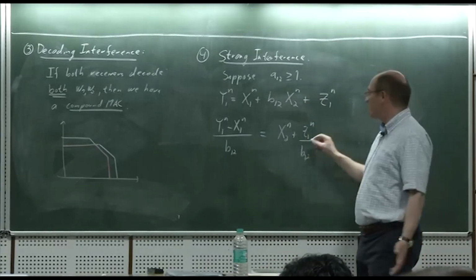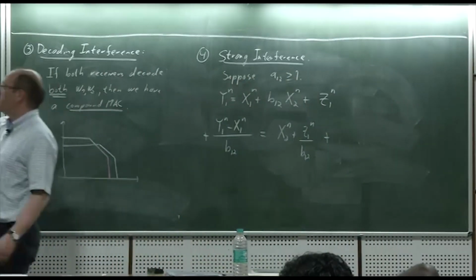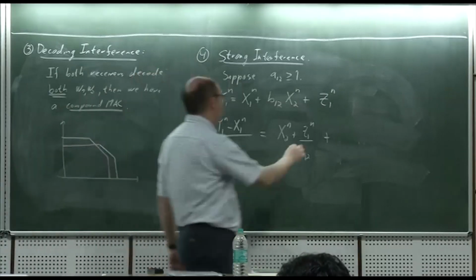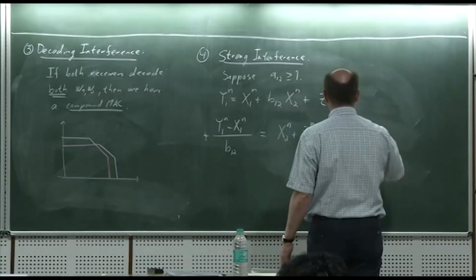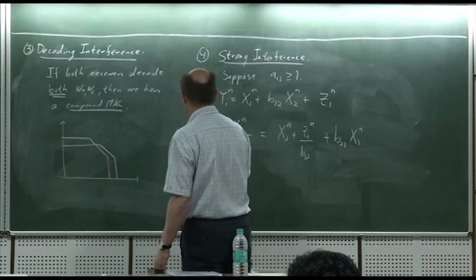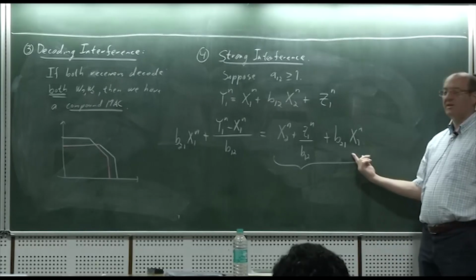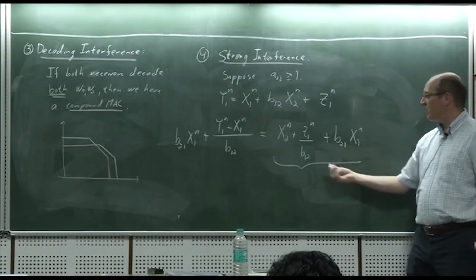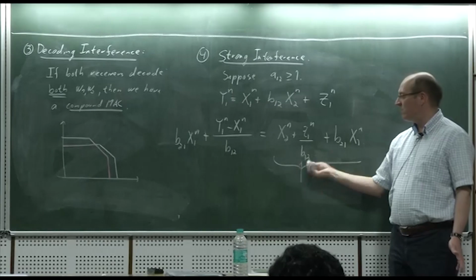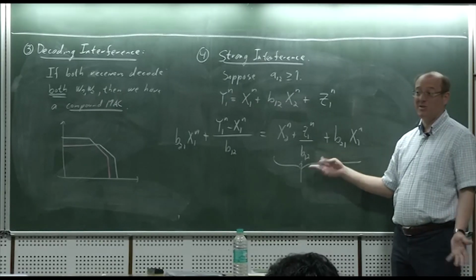Moreover, I can add a function of x back in, namely b21 x1n. And look at this. This is exactly the signal at receiver 2, except with less noise, because this number has a magnitude bigger than 1. So this signal is less noisy.